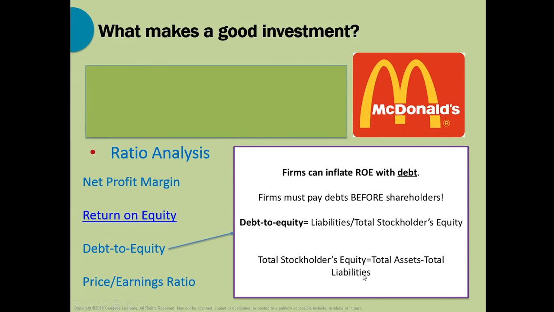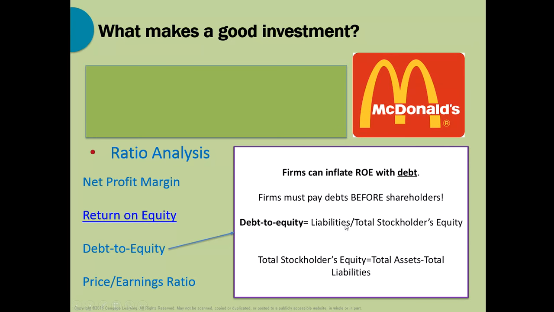So they can borrow a whole lot and have very tiny stockholders' equity. When you do that, you can have a lot of funds creating a lot of income, right? So we call these firms leveraged. They use a lot of liabilities and not so much shareholders' equity to generate income.